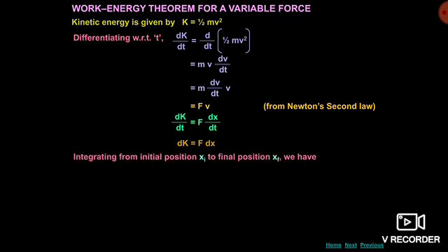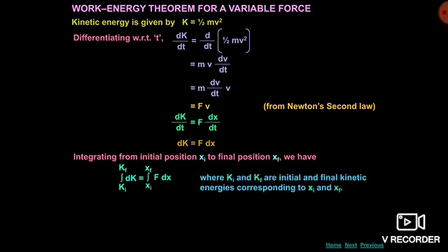Now if we integrate this equation from xi to xf, dK will be integrated from Ki to Kf. Force we will take as constant, so only dx will be integrated. Ki is the initial kinetic energy, Kf is the final kinetic energy, xi is the initial position, and xf is the final position.